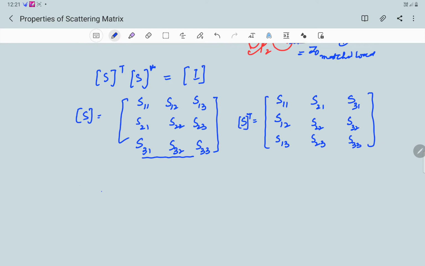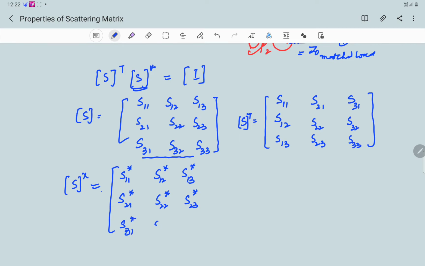And now let's see the second matrix, which is S conjugate. The S conjugate would be the same matrix as S, except that we have to take the complex conjugates of all the elements: S11 conjugate, S12 conjugate, S13 conjugate, S21 conjugate, S22 conjugate, S23 conjugate, S31 conjugate, S32 conjugate, and S33 conjugate.